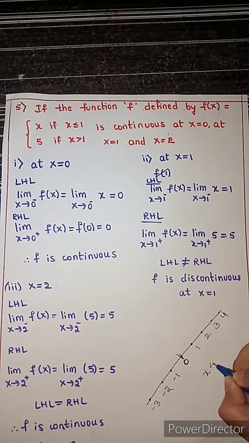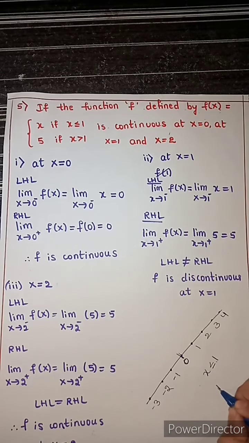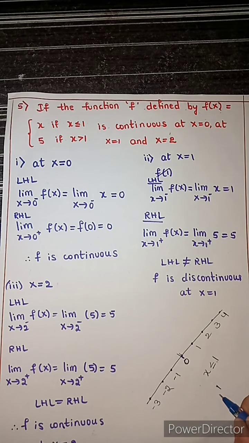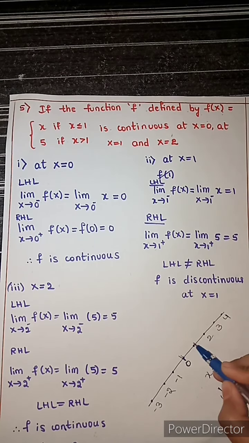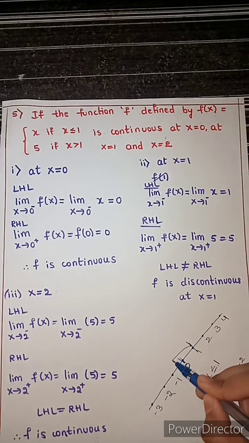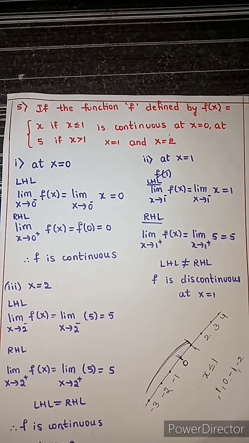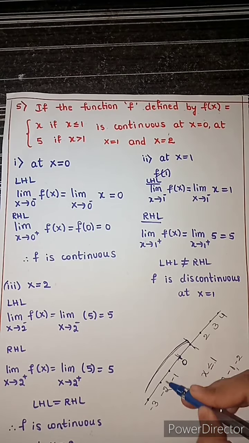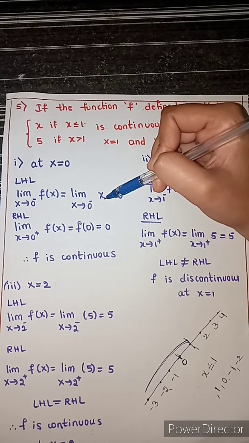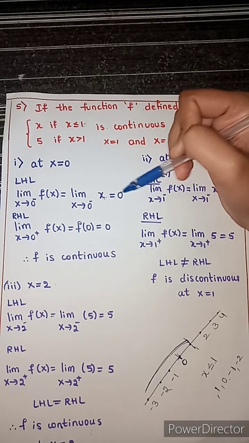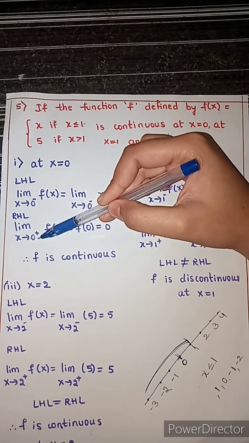See, in the first condition, x less than or equal to 1 means equal to 1 and also less than 1, so 1, 0, minus 1 and this side. So 0 minus is somewhat less than 0, this side, right? So we can apply the first function. So f of x is x.